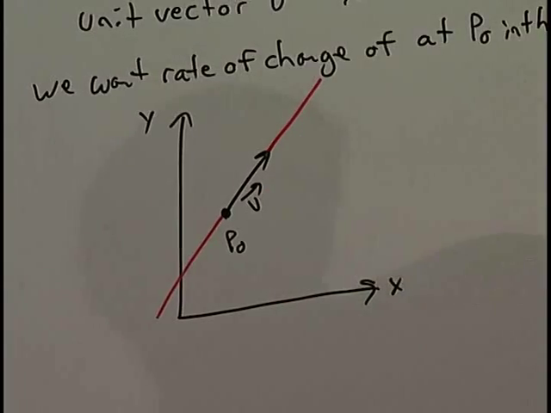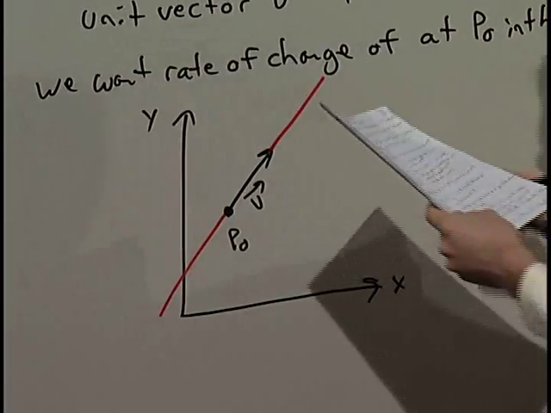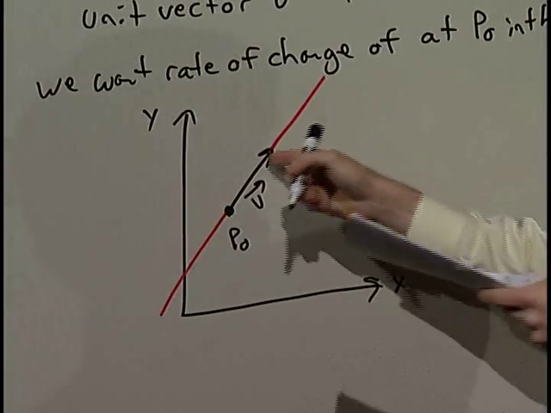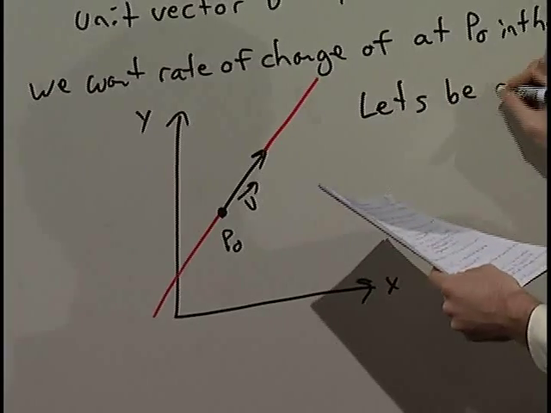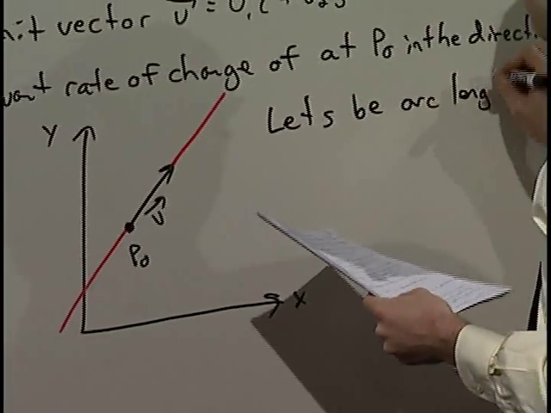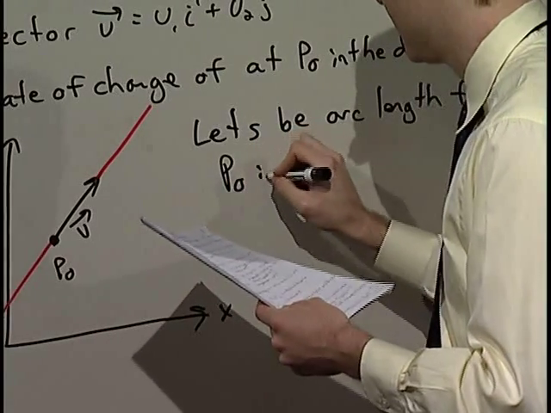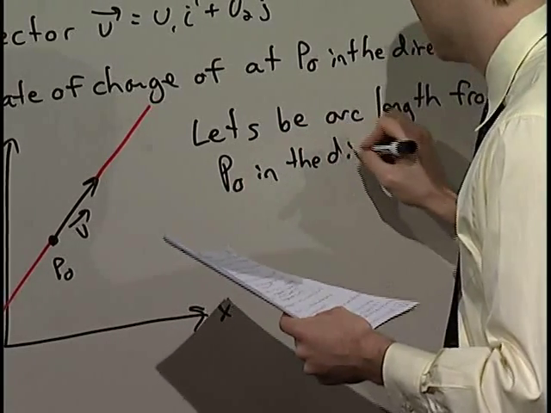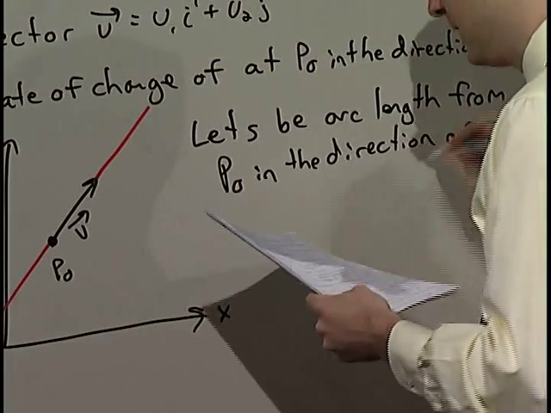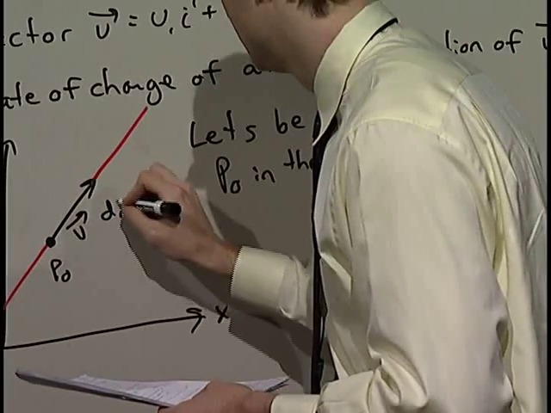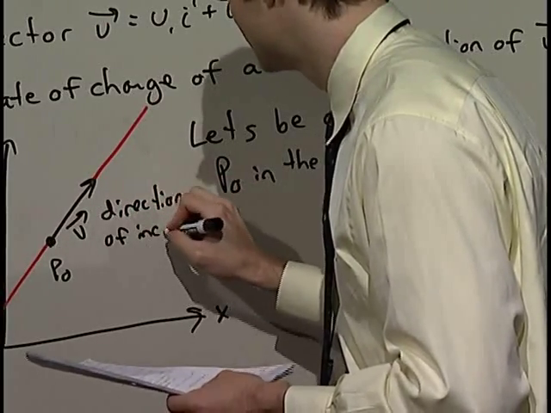All we care about is moving in the direction of u. The arrow here indicates that I can let s be the arc length from the point P naught in the direction of u, so the arrow is pointing in the direction of increasing s.